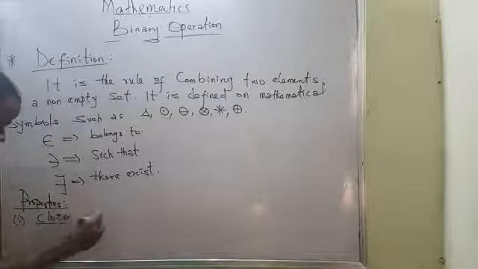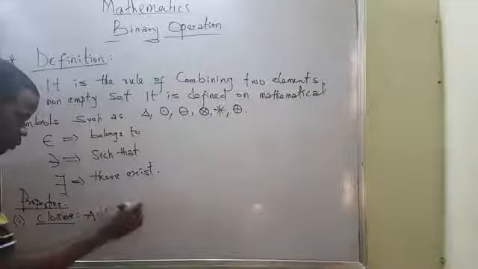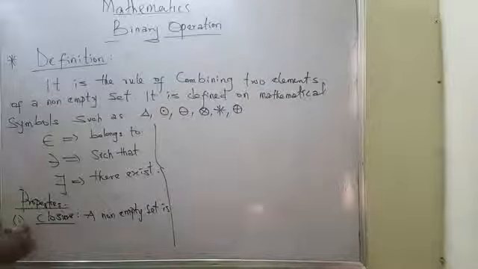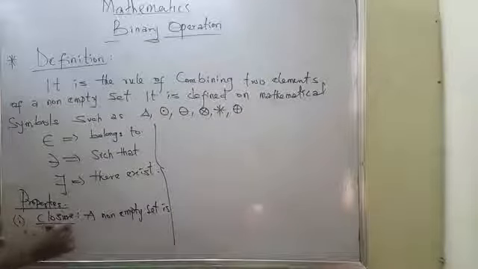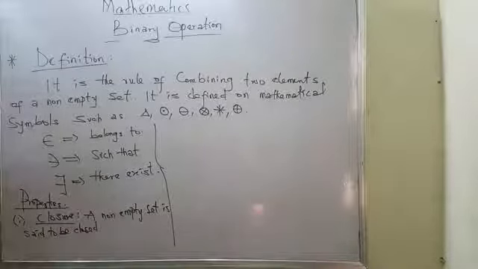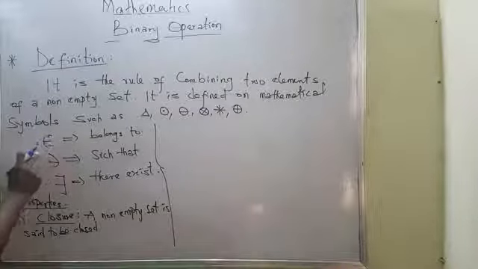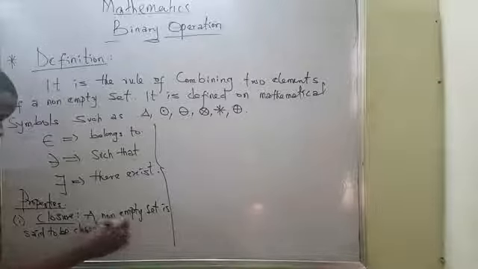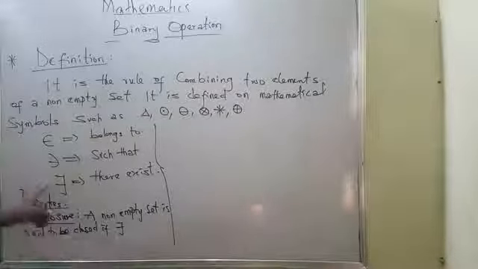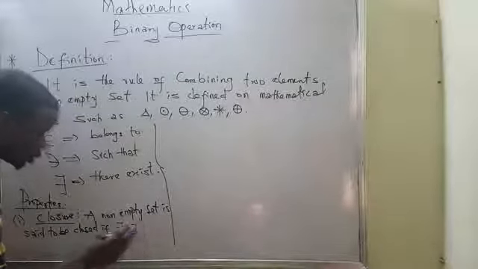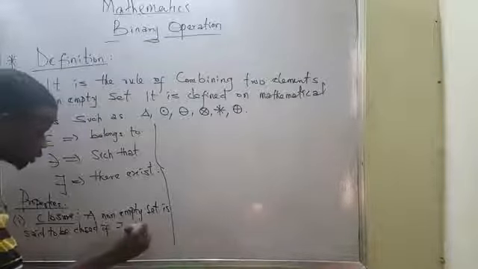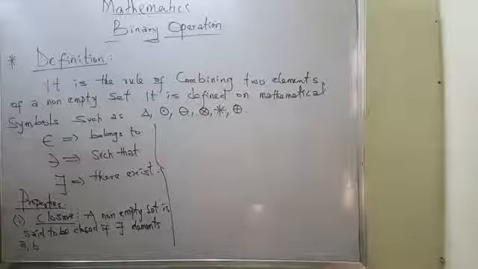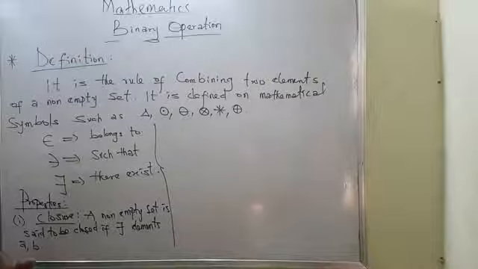So I can say a non-empty set is said to be closed if there exist elements a, b, which are just arbitrary elements.